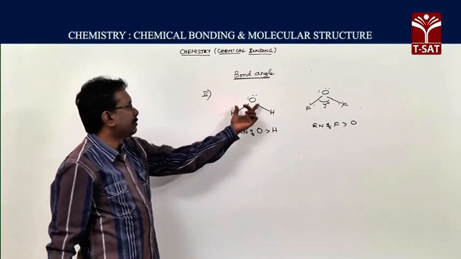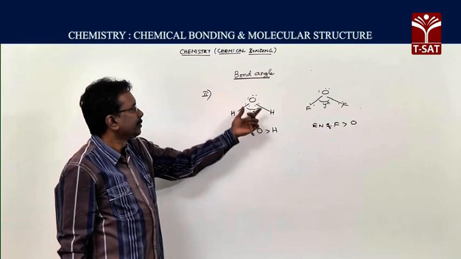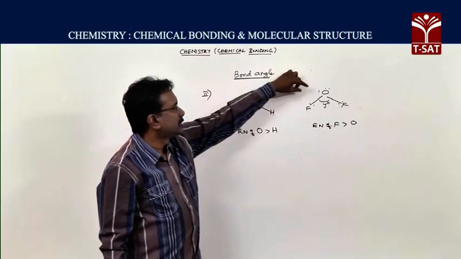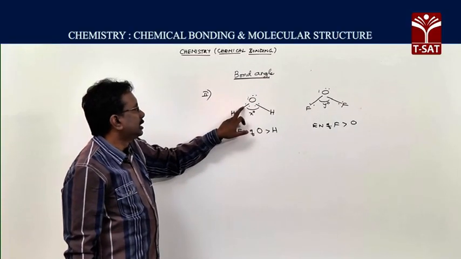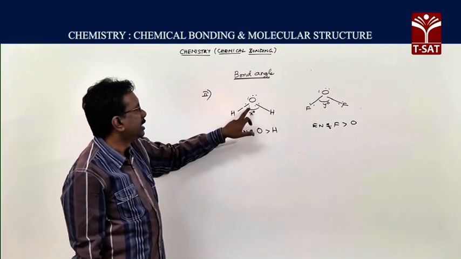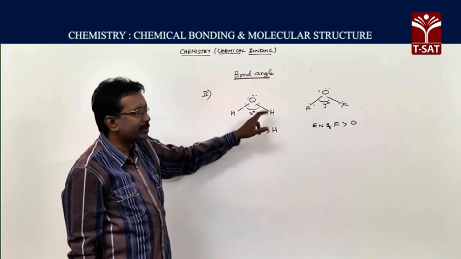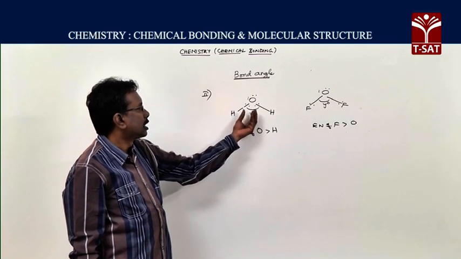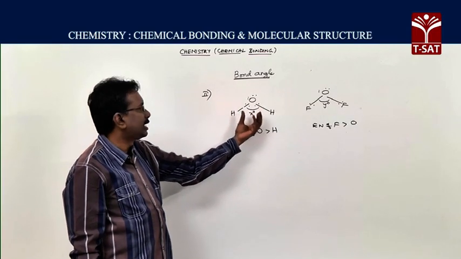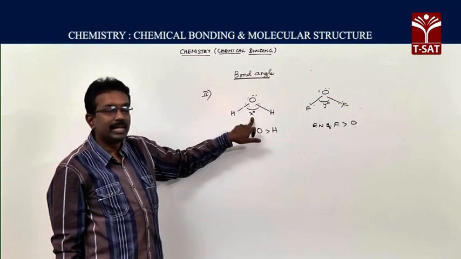If bond pairs are very close to each other, as in the case of the H2O molecule, then even though lone pair repulsions are there, along with that, bond pair repulsions also play an important role. Because of these bond pair repulsions, to minimize the repulsions, these two move apart, and thereby the bond angle increases.